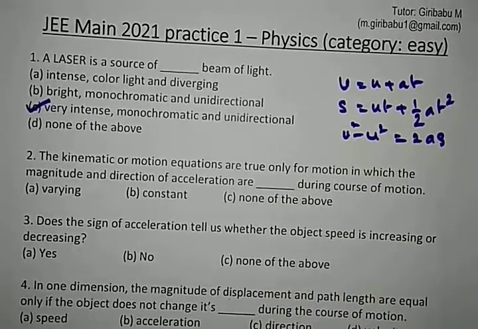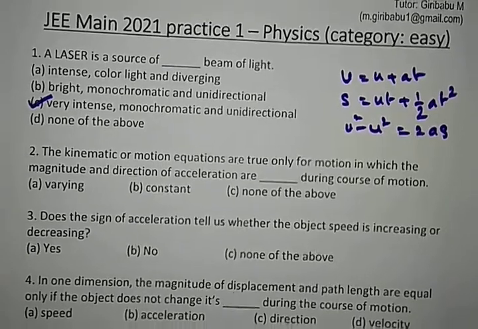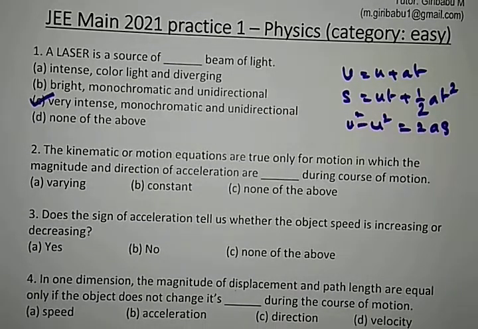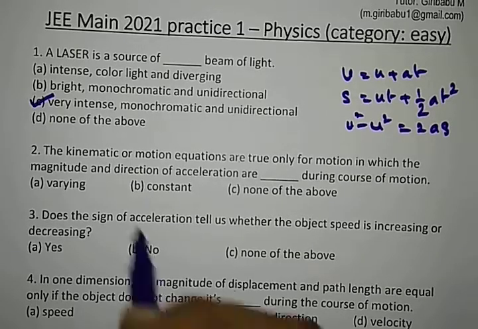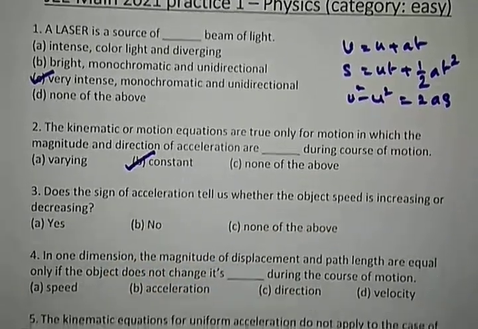In all these, there is no differentiation kind of formula, so no time changing parameter. All should be constant, then only we can use these equations. So this is constant.